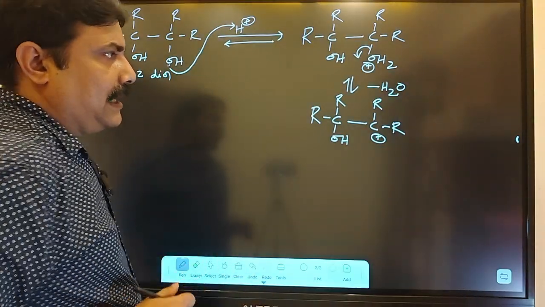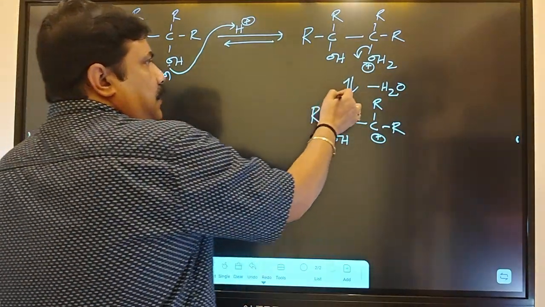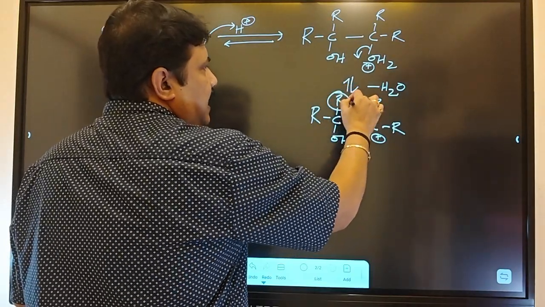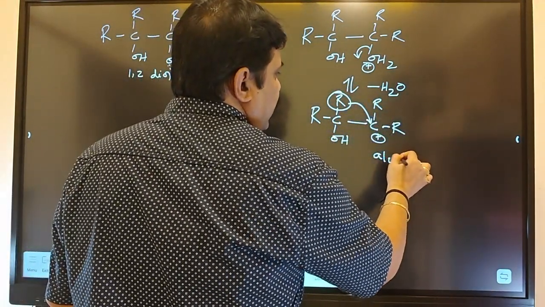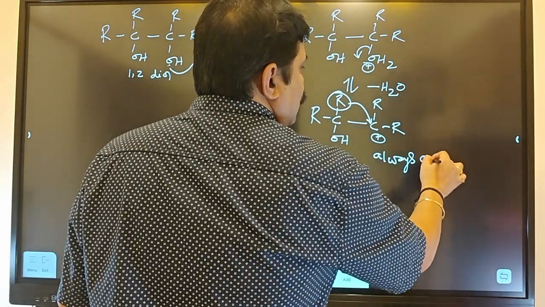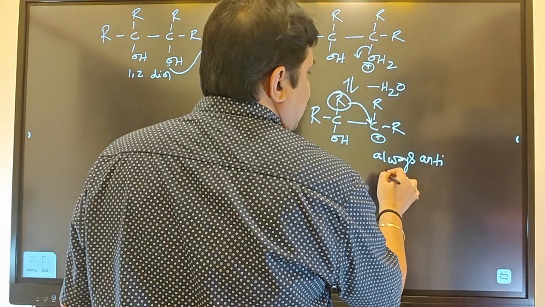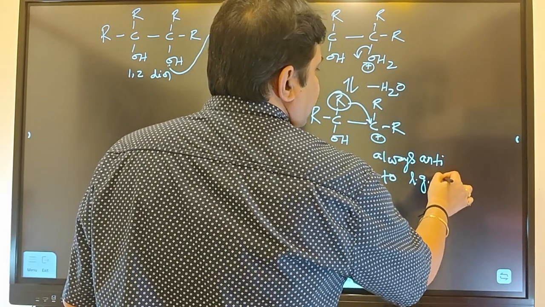Once this carbocation is formed, then immediately from the other terminal, a group will migrate to this carbon. Always, migration anti to the leaving group will be there.